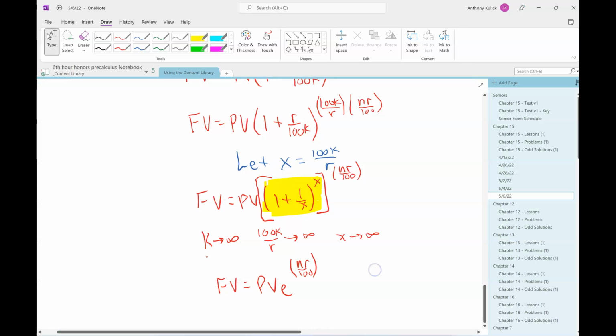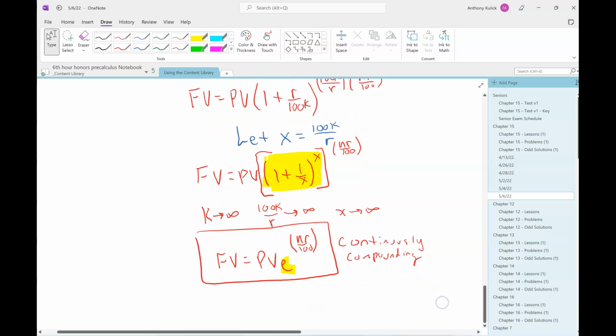So that would give us this then. I can replace that piece that I've highlighted in yellow with E, and this becomes our formula for continuously compounding interest. So now we have a third interest-related formula.